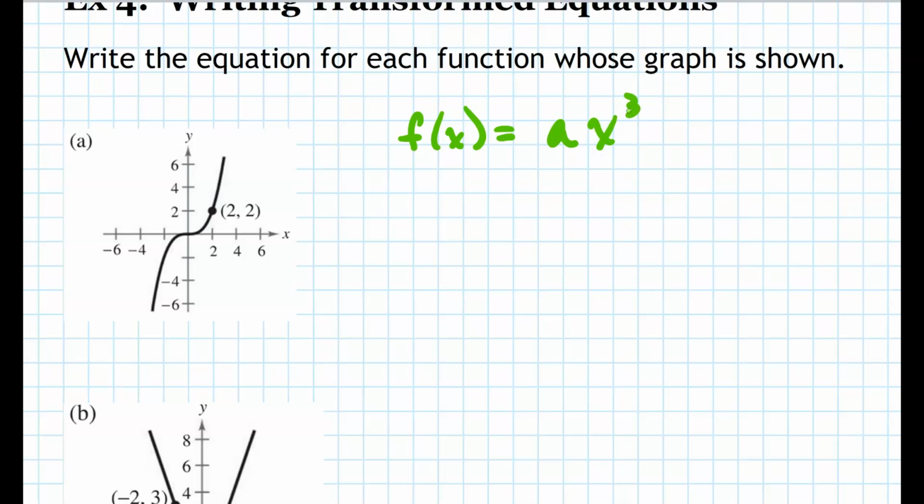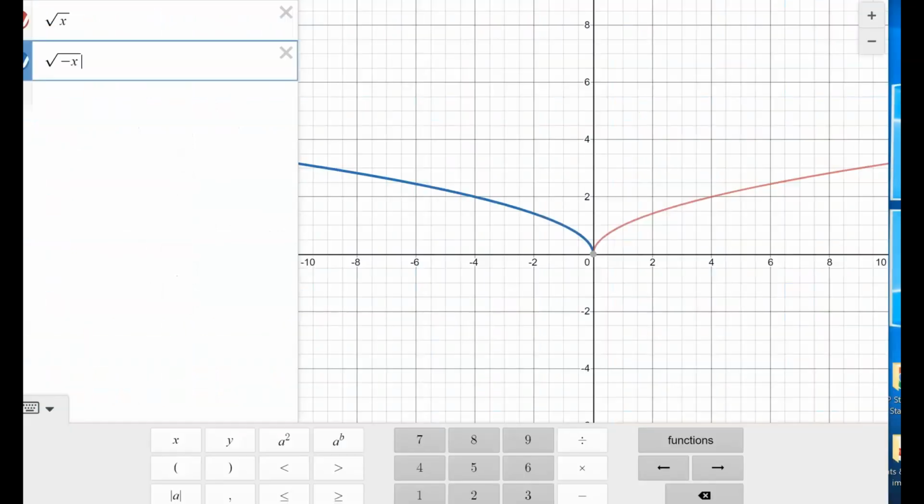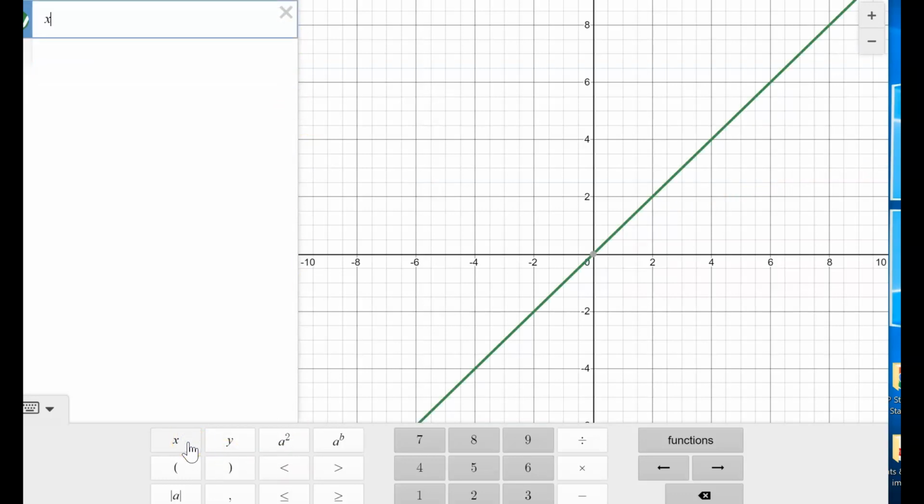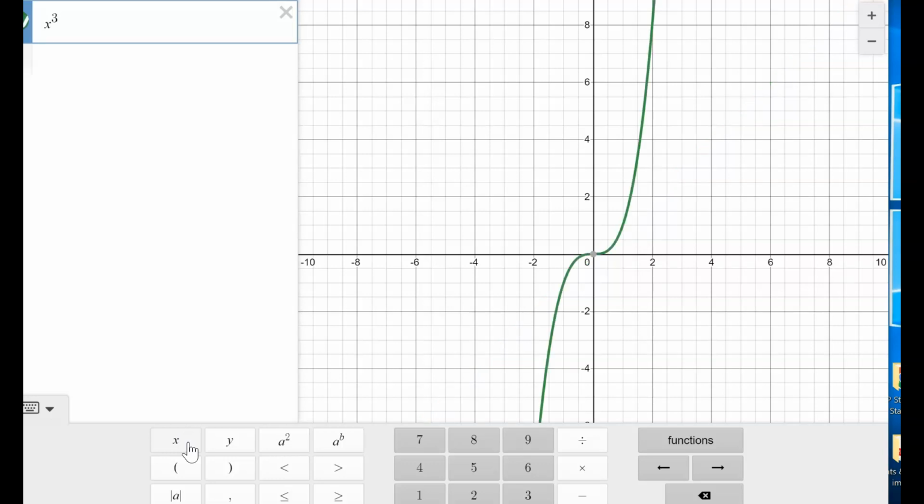What does the parent function look like? The parent function is x cubed. So that's the parent function.